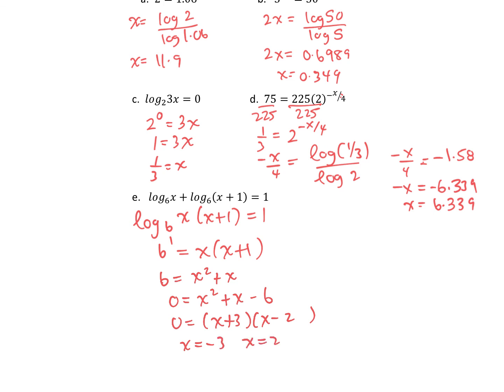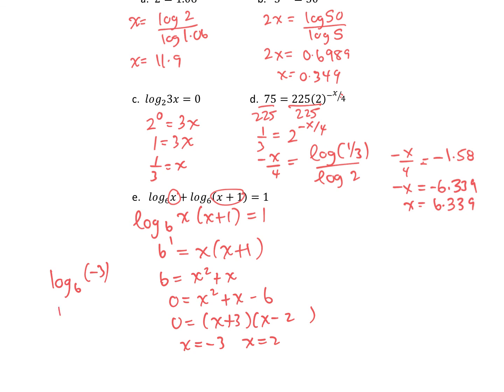Now one thing you have to watch out for is extraneous roots. So an extraneous root is an invalid root. So what that means is if I put my answer back in here, do I get a positive result? If I don't, if that result is negative, then it is invalid. So for example, I can't put in negative 3 because I can't have 6 to any power and end up with a negative result.